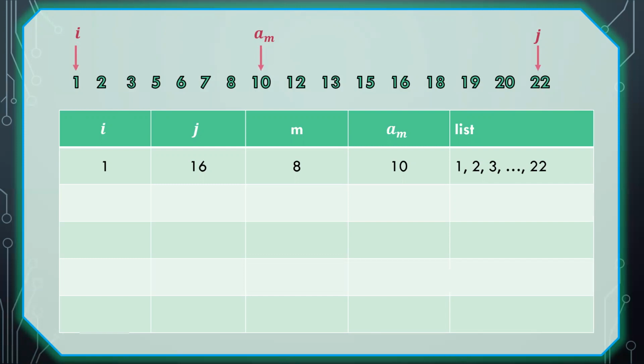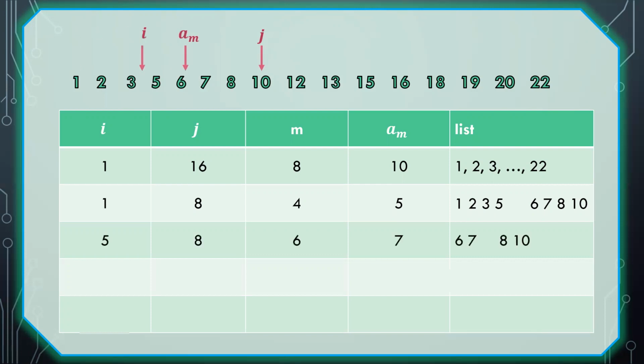So I'll look at the lower half, reassigning j. So j gets reassigned to M, and M gets recalculated, in this case, to position 4. Run it again. This time, since it's in the upper half, I gets reassigned to element 5.